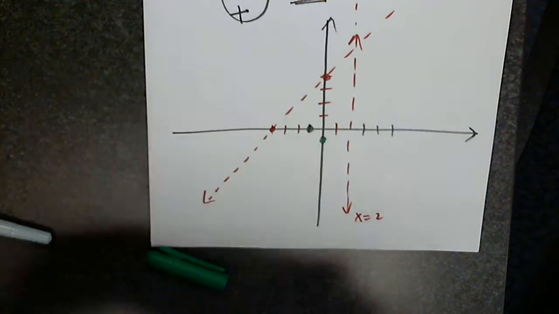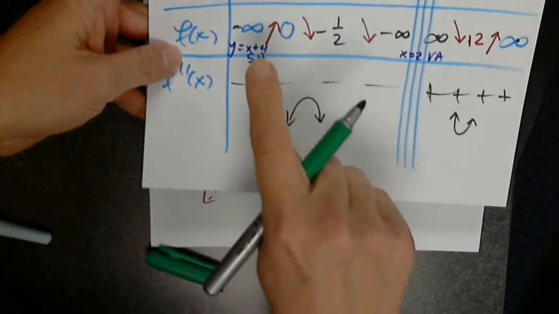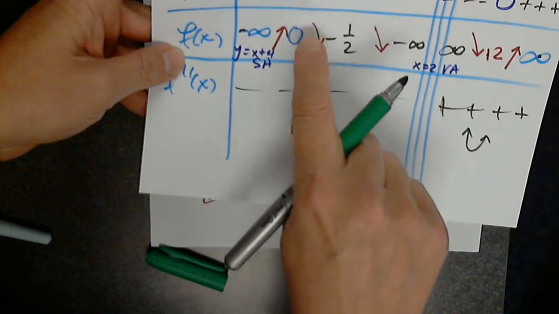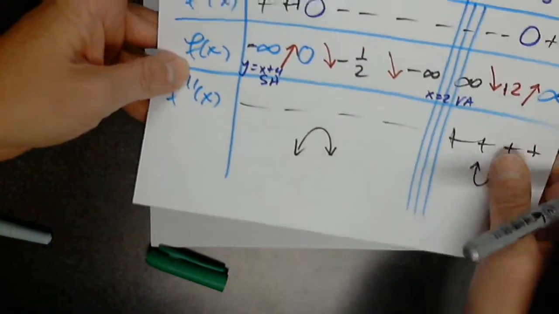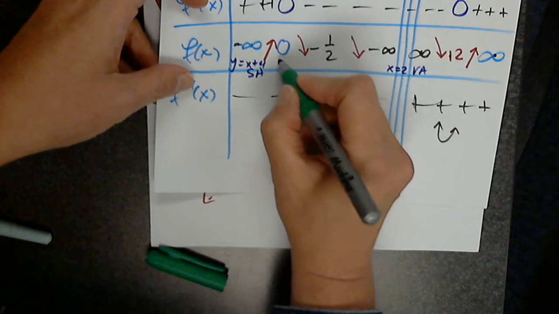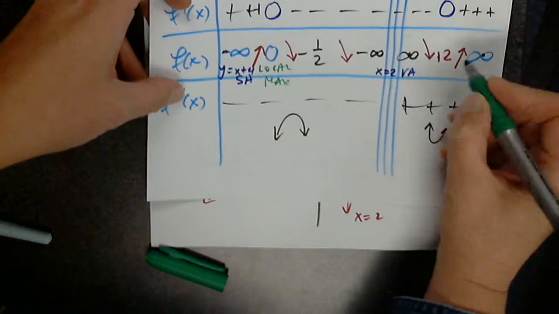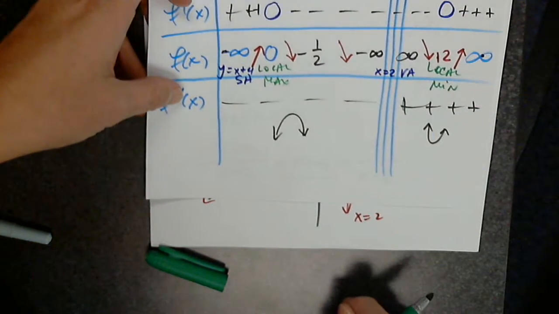Ready? Okay, here's how I read my chart. From negative infinity opening down, crosses at negative 1, 0. Oh, I forgot to mention, this is a local max. And this is a local min. This has to be in the chart.